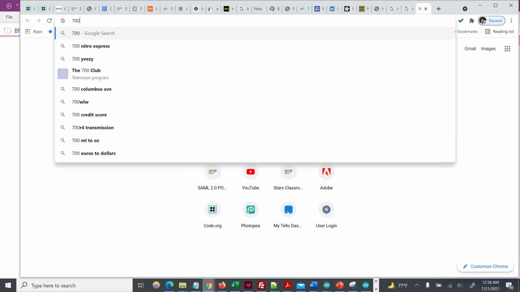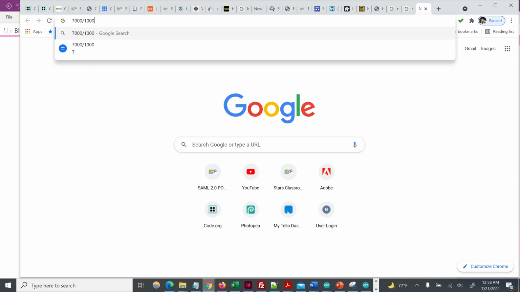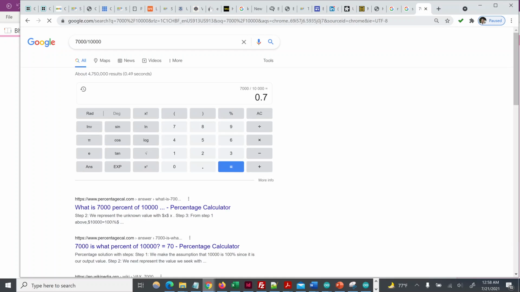So let's do 7,000 divided by 10,000, and let's do the natural log, ln, of 0.7.